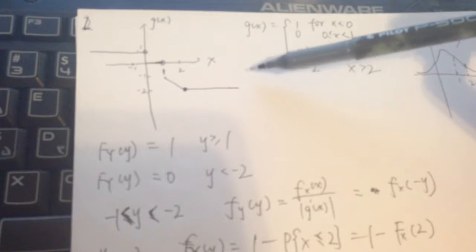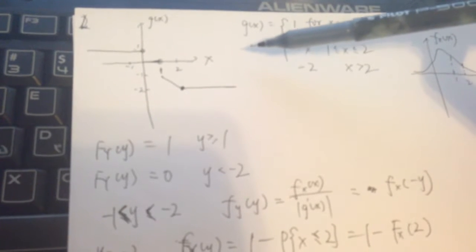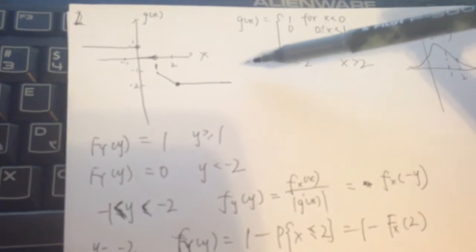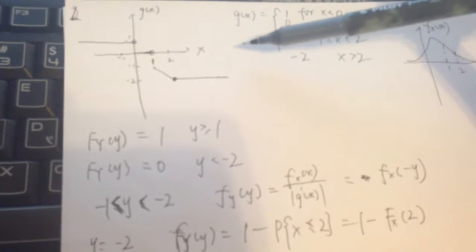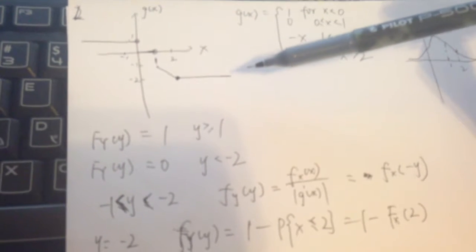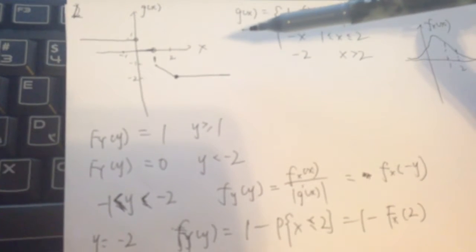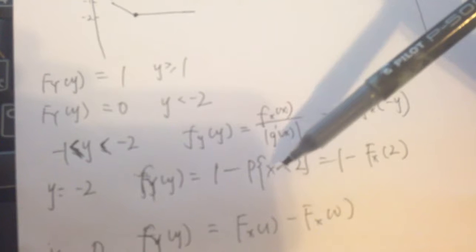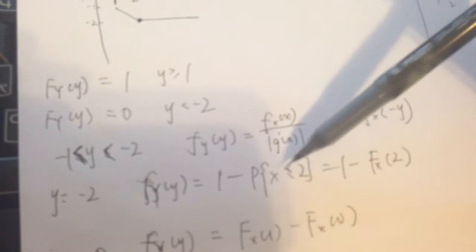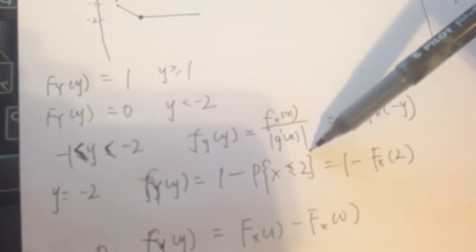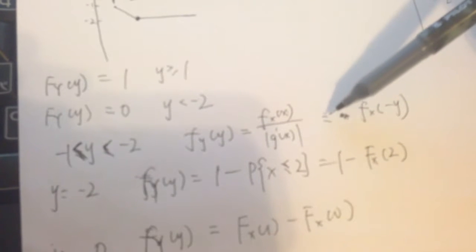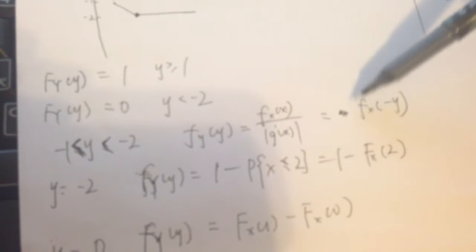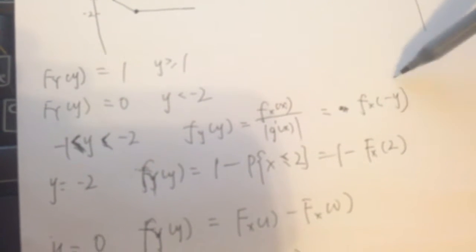So the Fy of y is the probability that x is greater than or equal to 2. So Fy of y equals 1 minus the probability that x is less than 2, so it equals 1 minus fx2.